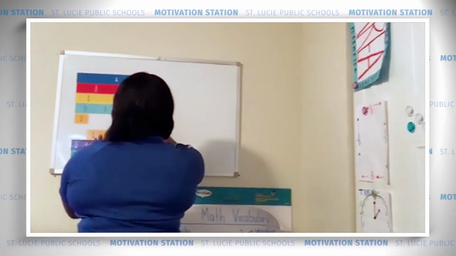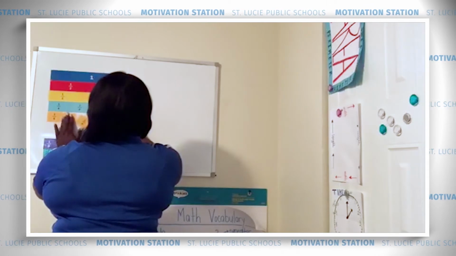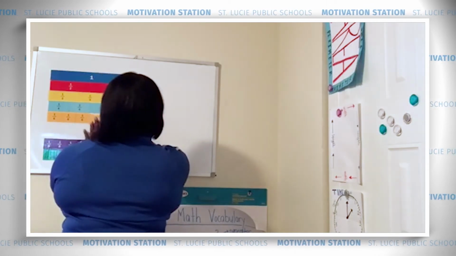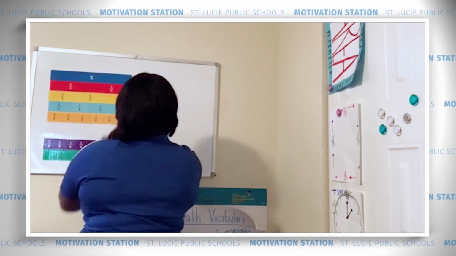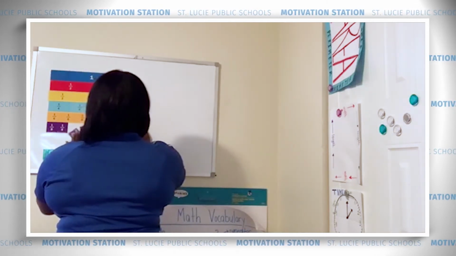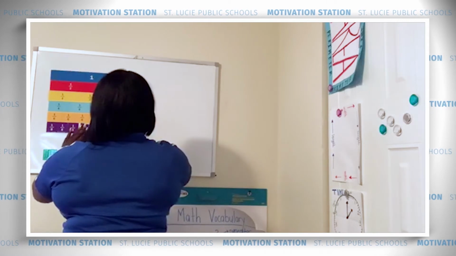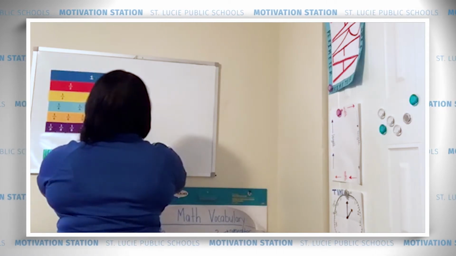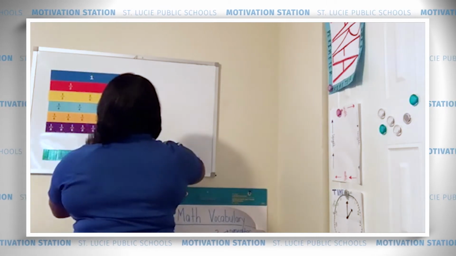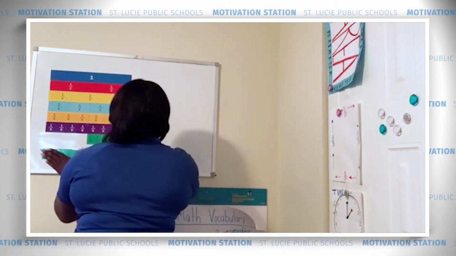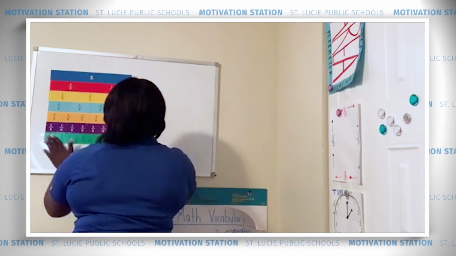And at this point, boys and girls, you need to get all of your fraction strips out. You should have all of the fraction strips that I have here. When all of the fraction strips are out, the board does tend to get a little bit crowded.